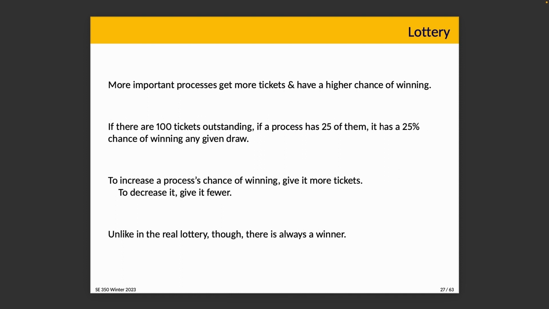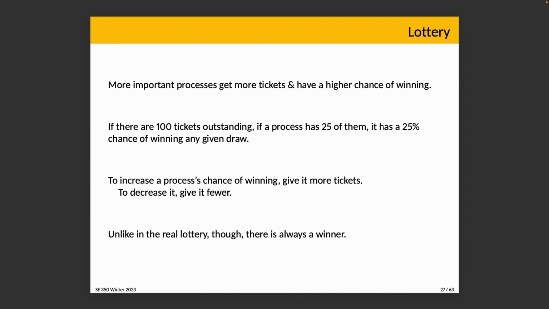Unlike the real lottery, though, there is always a winner, and a winner singular in this regard. If you play one of the lotteries where you choose some numbers, there is the distinct possibility that somebody chooses the same numbers you chose, and then you have to share the winnings. That doesn't happen with the CPU. Similarly, there's always the possibility that nobody chose the correct numbers this week, and therefore nobody wins, but that doesn't happen with the CPU.